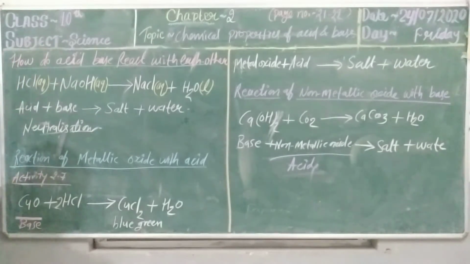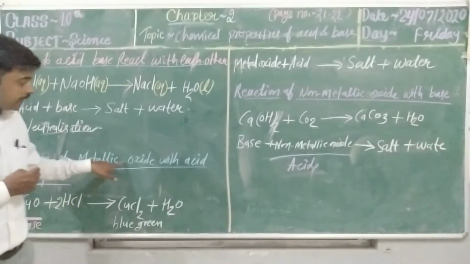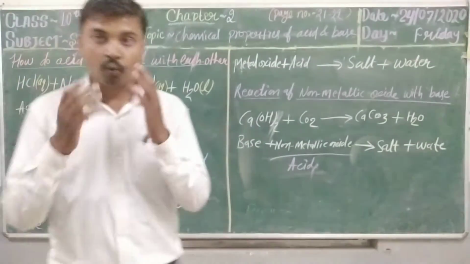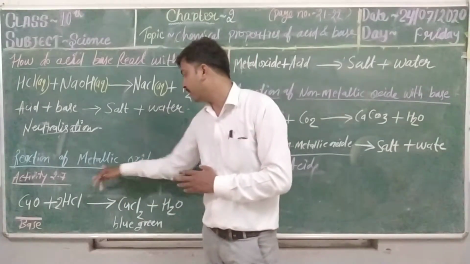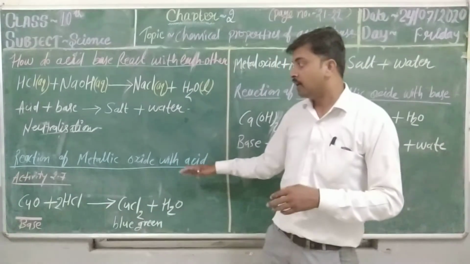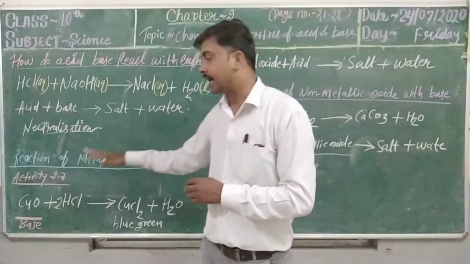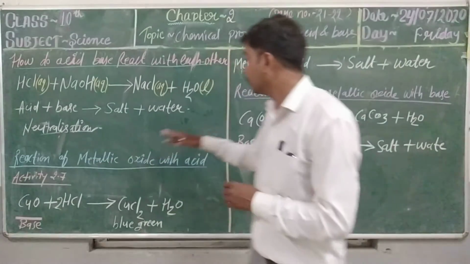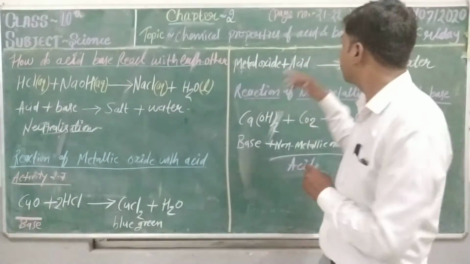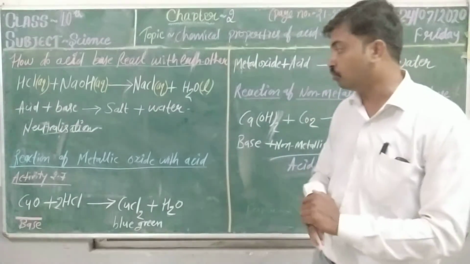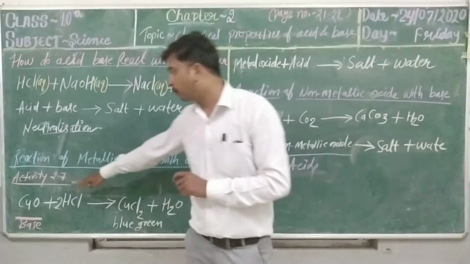Then we see another reaction, of metallic oxide with acid. So what will happen when metallic oxide reacts with acid? This activity is given on your page number 21 to 22, activity 2.7.